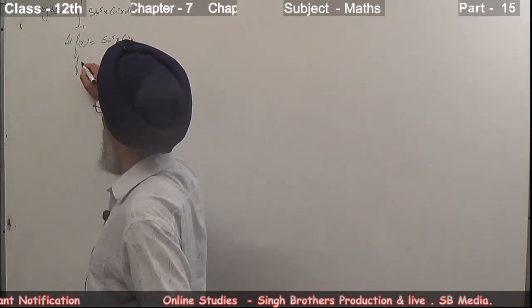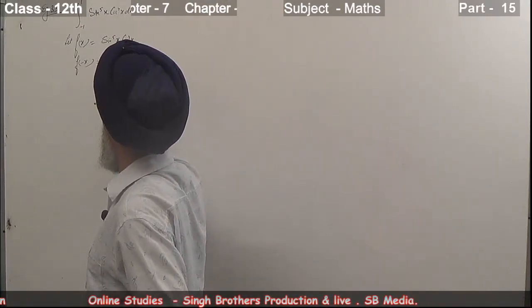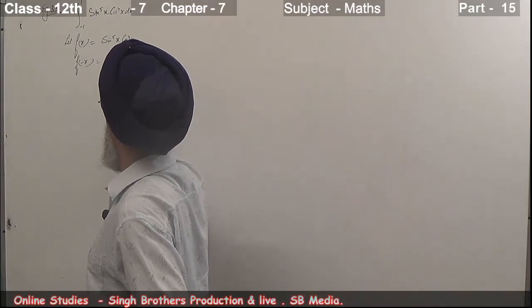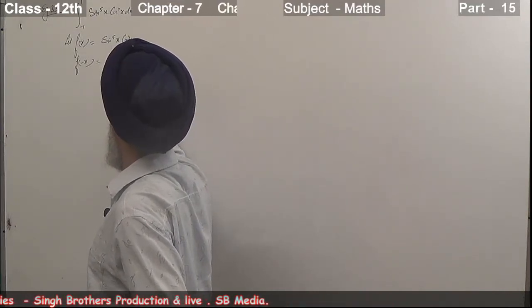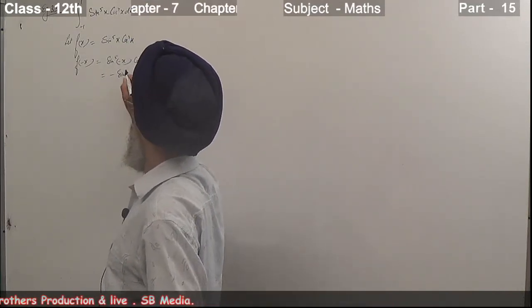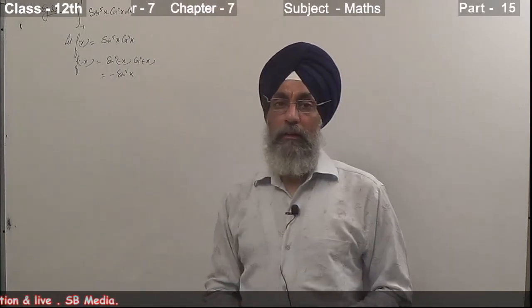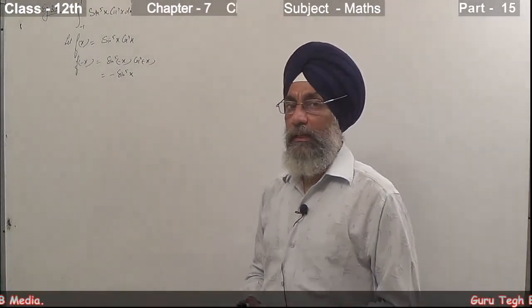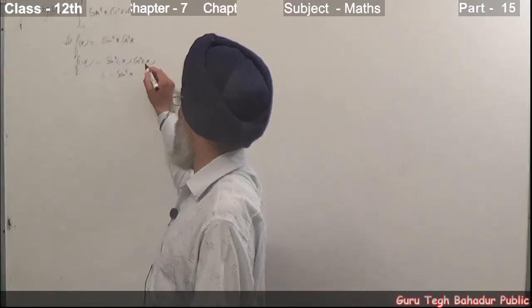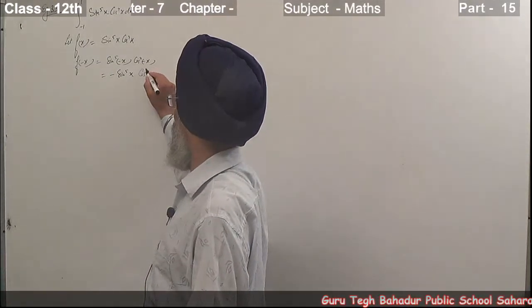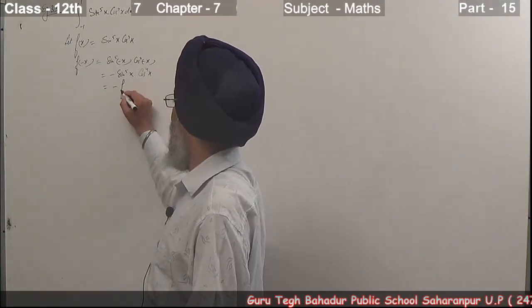So f(minus x), sine to the power 5 of minus x, cos to the power 4 of minus x, becomes minus, because sine of minus theta is minus sine theta, power 5 it becomes negative, so minus sine to the power 5x, and cos of minus theta is cos theta, cos to the power 4x, that is minus f(x).